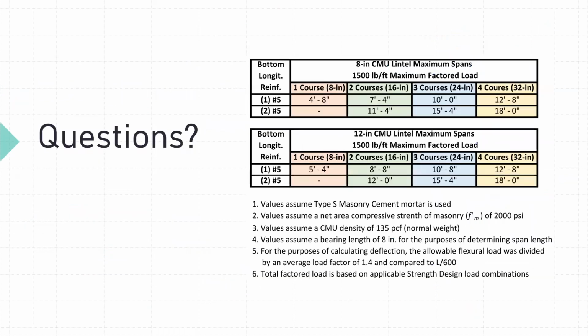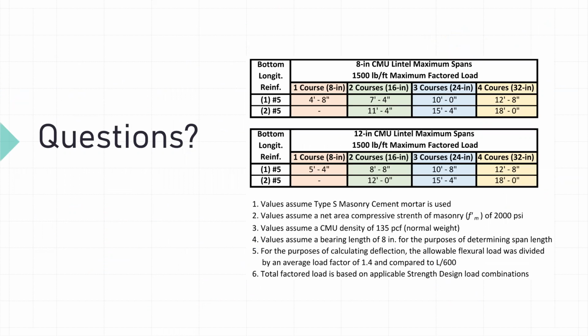And lastly, I did put a table on our website just for help with contractors. So I looked at just a standard load of 1,500 pounds per foot factored load, and what reinforcement we would need, and what maximum spans we could go with different depths of lintels.